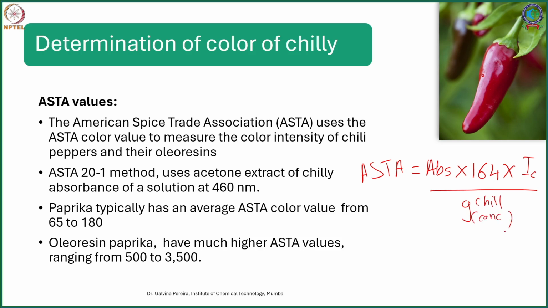So it is absorbance by concentration into 164 into your IC. Typically your paprika has an ASTA value, that is the redness value, of 65 to 180. But the oleoresin, like I said, is more concentrated, and this is a prepared resin that has a value between 500 to 3500 ASTA units.